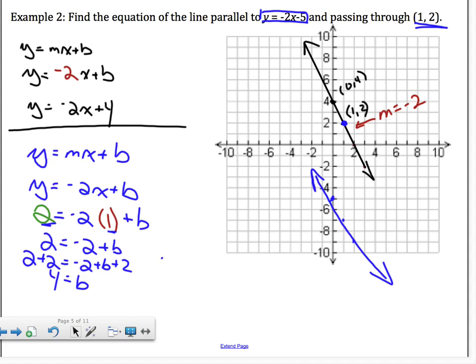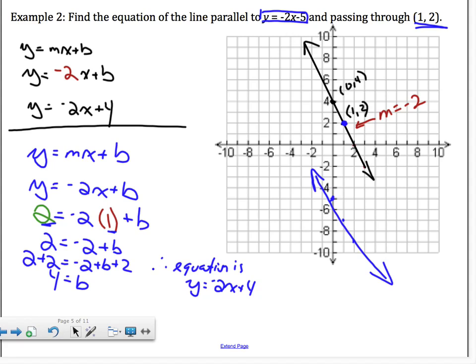So therefore our equation is y is equal to -2x plus 4. Okay. So you can determine that algebraically as well. And it's way more accurate than trying to graph it and draw a line and see where it crosses the y-intercept.